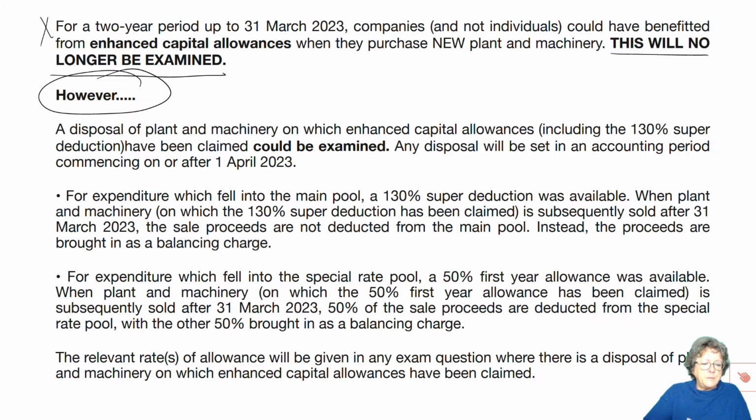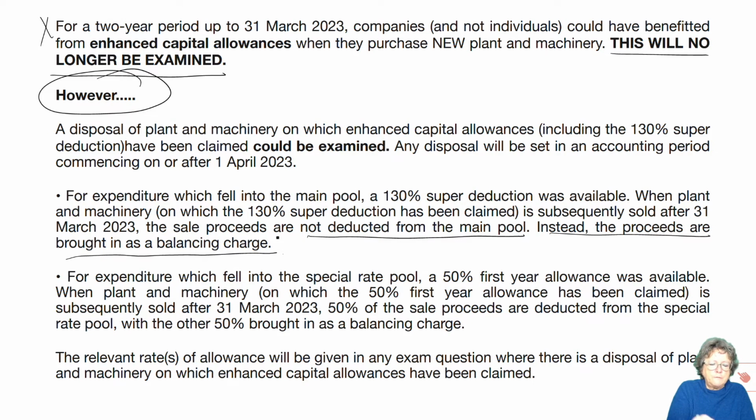For expenditure which fell into the main pool, a 130% super deduction was available. When that plant and machinery on which the super deduction has been claimed is subsequently sold after the 31st of March 2023, the sale proceeds are not deducted from the main pool. Instead, the proceeds are brought in as a balancing charge.